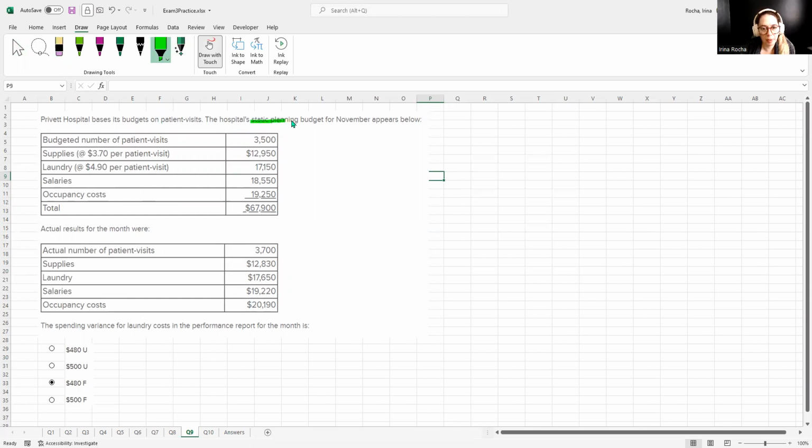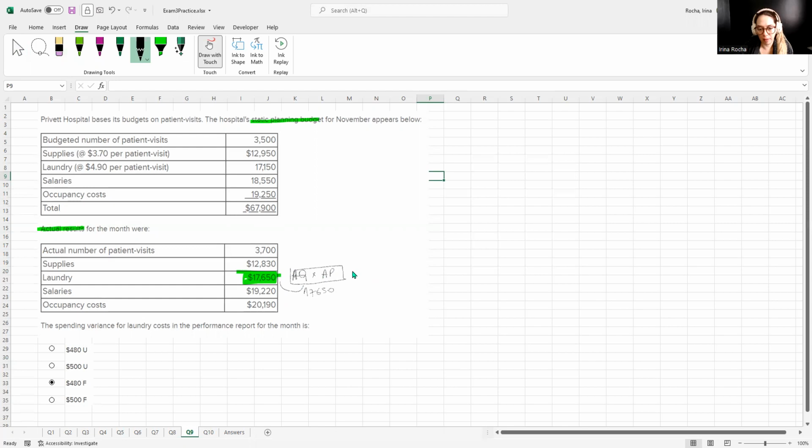This is the static planning budget, and here we have the actual results. How much did I actually spend on laundry? This is my actual spending, the same as my actual quantity times my actual price. We don't have the quantity, but that's okay because we already have the result, 17,650.